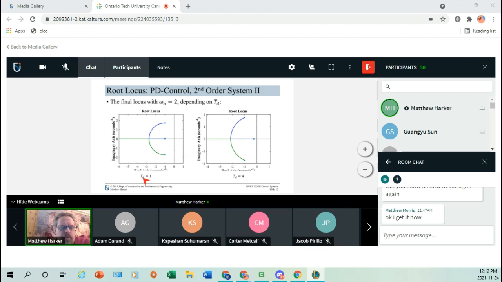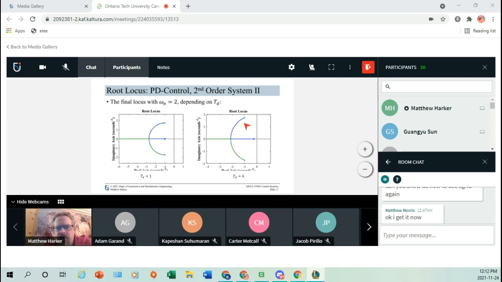So we can keep going and make TD longer. For 1 second, we have everything lined up there, and that looks strangely like our damping ratio curve. It's shifted a bit. And then, of course, we can make TD longer, which is looking further to the future.